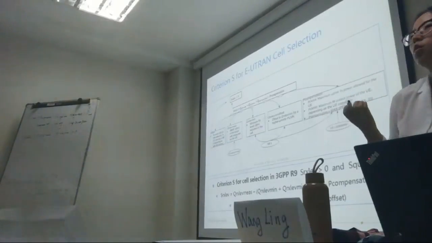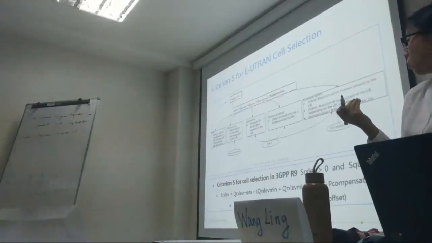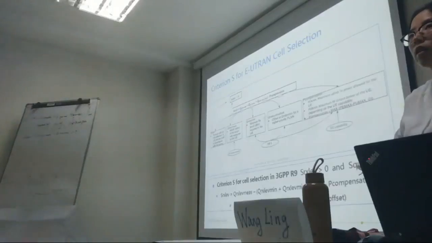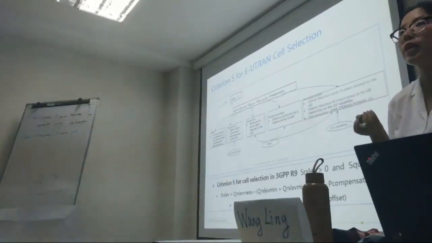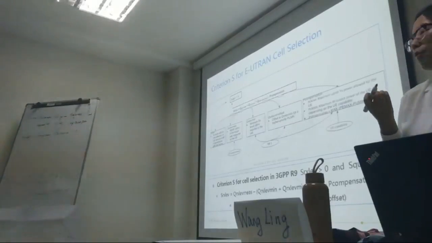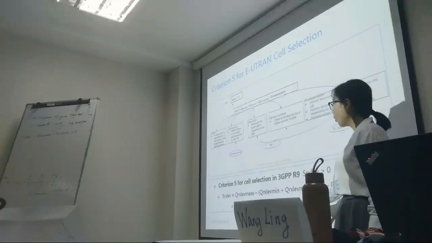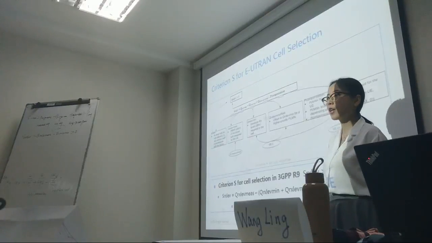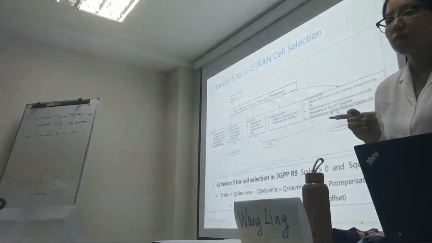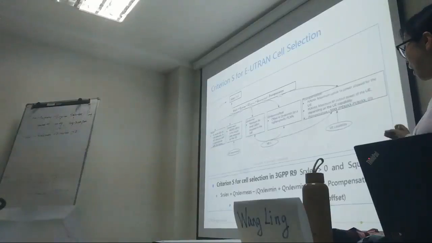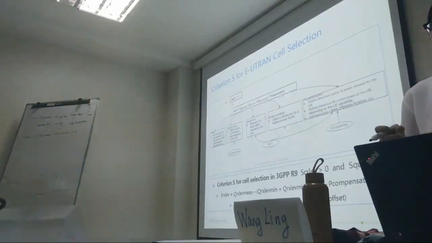Our network we deployed is based on R8 and R9. If we use R8, we only consider the SRP. If our network is R9, we also need to consider the SRQ. Whether we use SRP or SRQ is based on the UE capability.